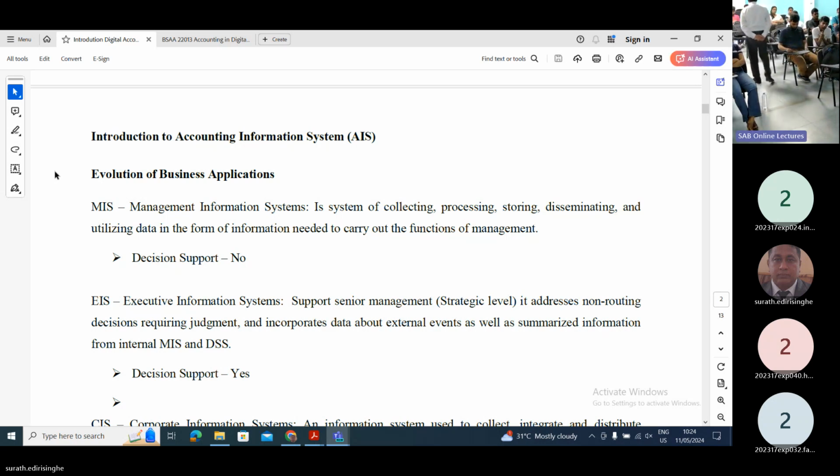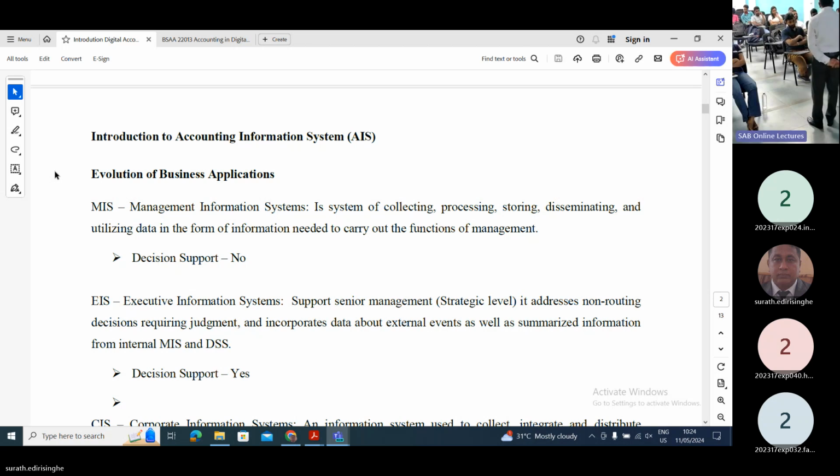Basically, we call it MIS. It is used by people for their day-to-day activities and business transactions, and management level and low level operational people use the management information system together.